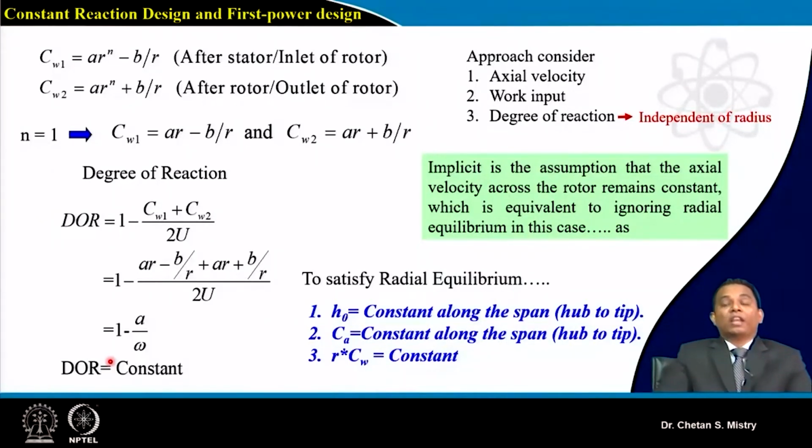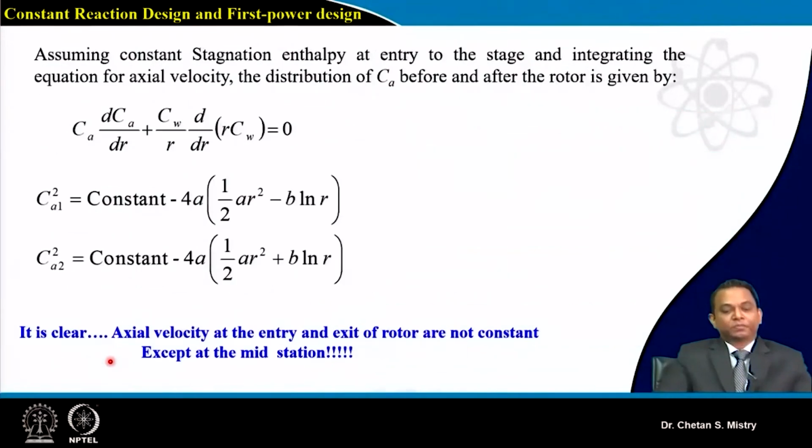Now if you recall, in the last lecture we were discussing that in order to have this radial equilibrium theory, we can have different design thought processes, in which if we know or assume two of the parameters to be constant, we can easily calculate our third parameter. So the same approach we will be using for this design concept, for constant reaction design.